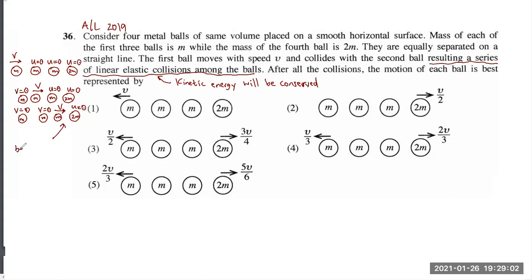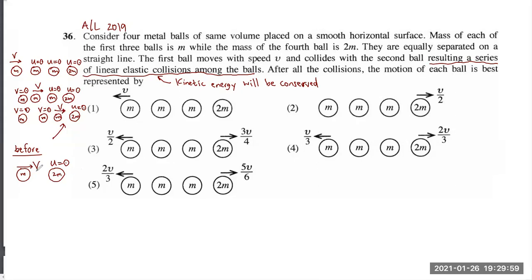Just before the collision, this is what's happening. m is moving towards 2m at speed v. 2m is at rest. Now here, you can't say that since the masses are different, the velocity can be interchanged.